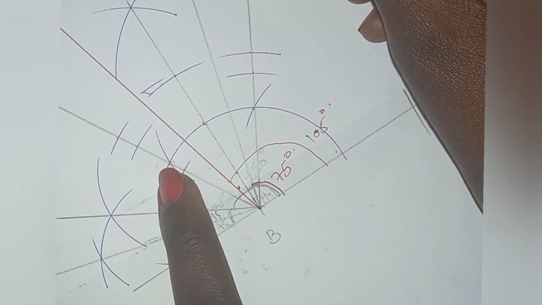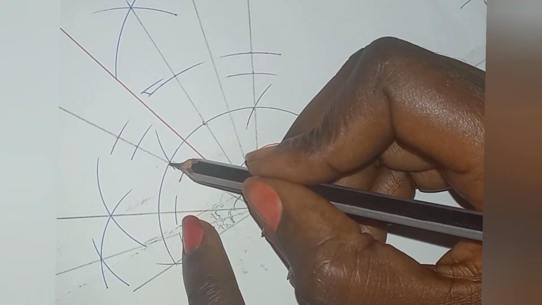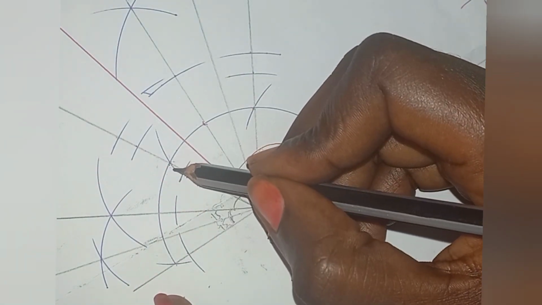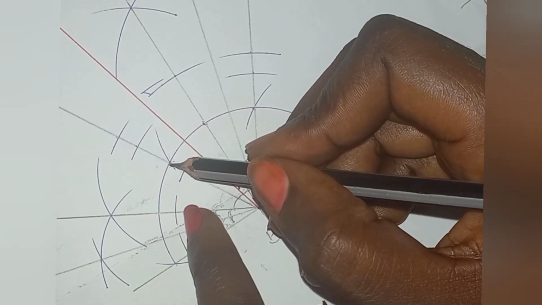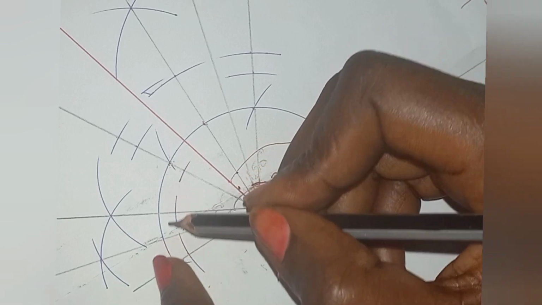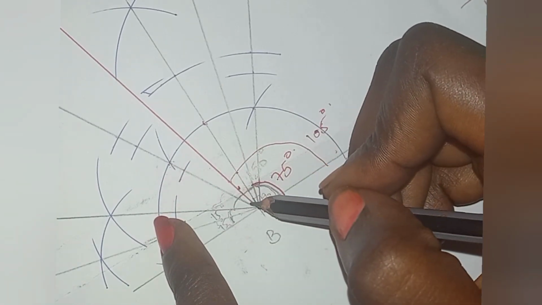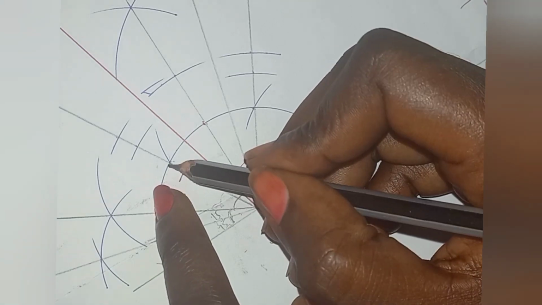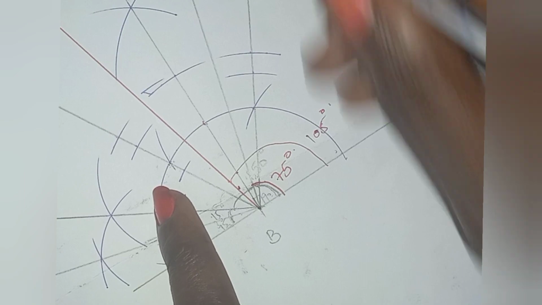So 120 degrees plus 15 degrees will give you 135 degrees. So if you have this one here to be 120, and you know the remaining part here is 60, you bisect that 60 to 30 and 30. This 30 here, you have to bisect it again in order to get that 15 that you will add to 120 to get 135.